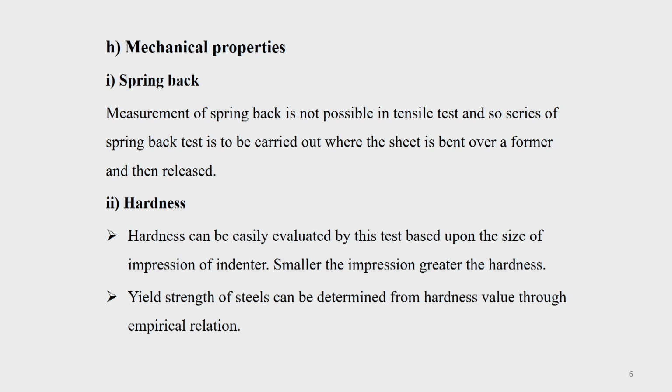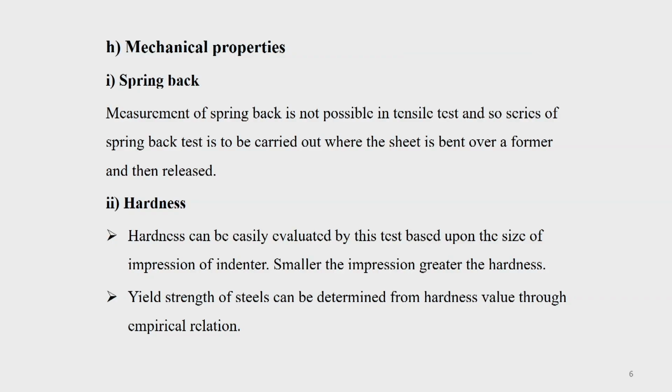The smaller the indentation, when you are indenting with an indenter on your workpiece material, the harder the material; the impression it makes on the surface will be smaller in size. But if the material is very soft, the indenter can easily penetrate more, and you will find a larger indentation. So that is the indication.